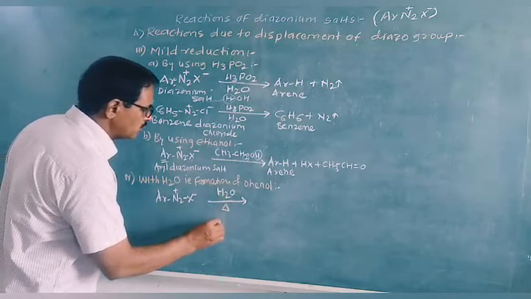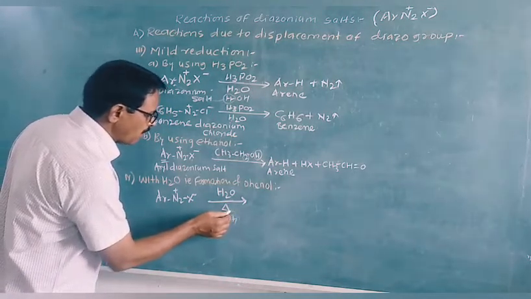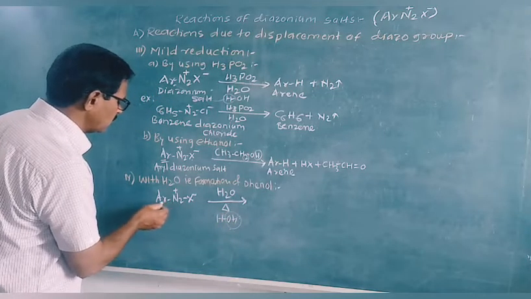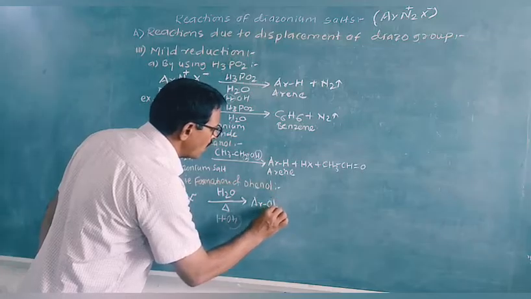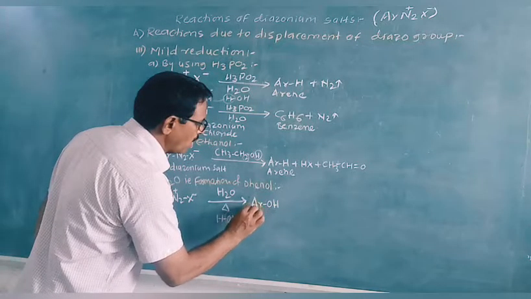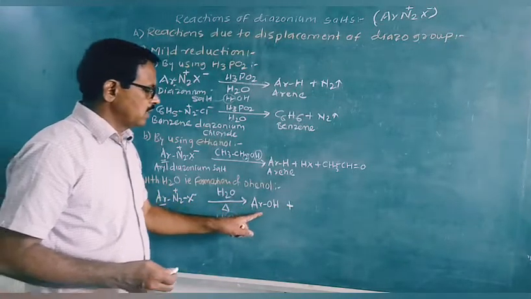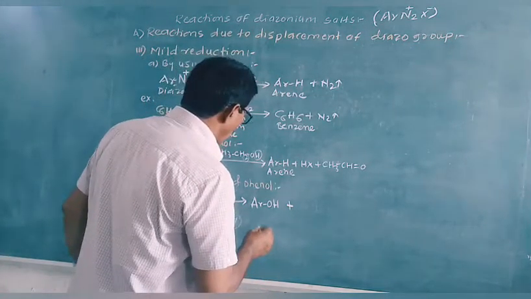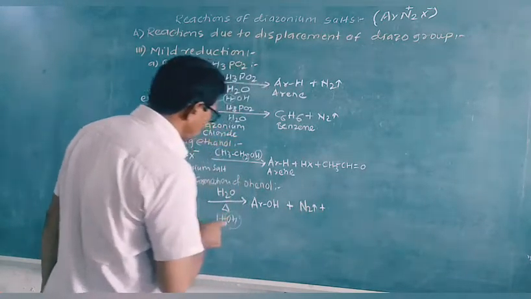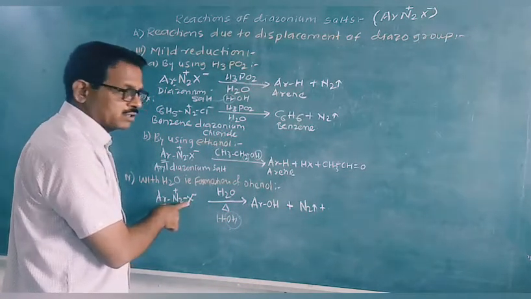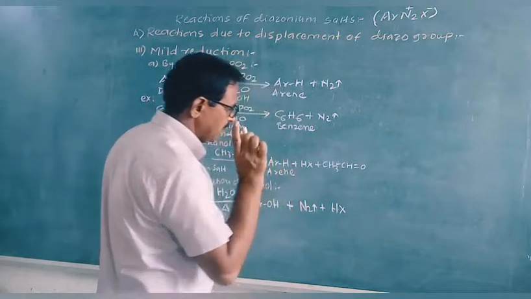Now here H2O means H-OH. Now this OH group is attached to this Ar, and it gives ArOH. It is phenol or aromatic phenol. It gives ArOH plus N2 gas is given out, plus this hydrogen atom combines with this X, and formation of HX takes place here.